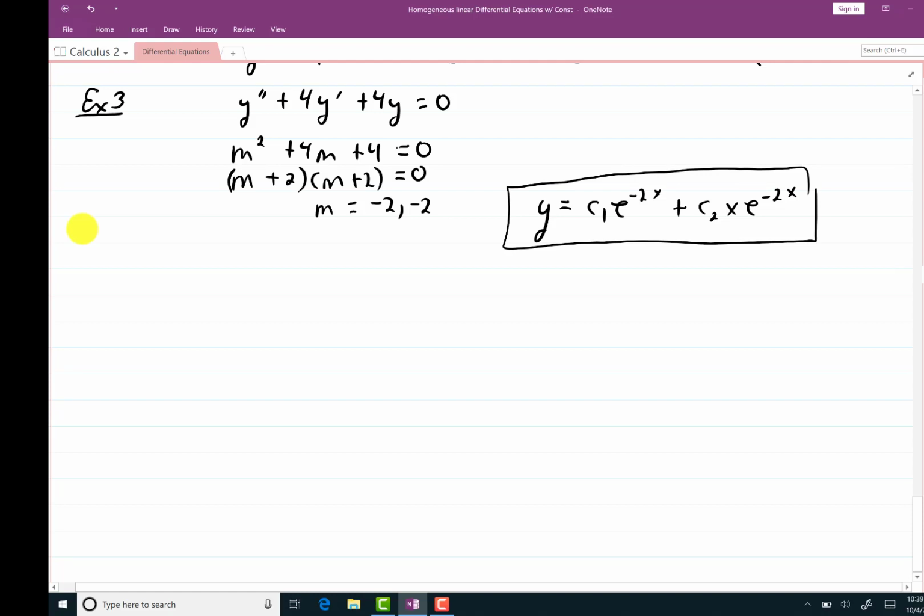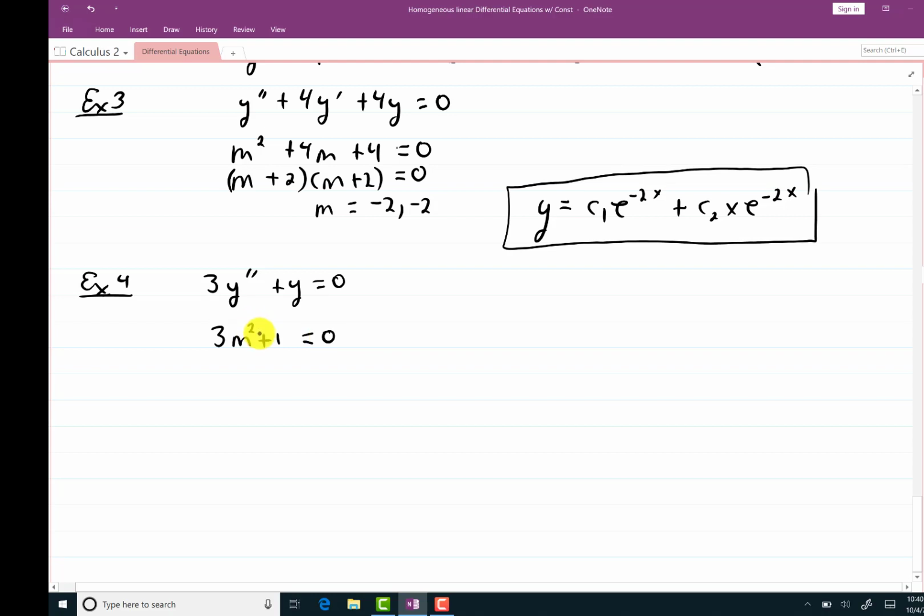So that takes care of the repeated zeros case. Then we have some other cases that I need to discuss, some things that will pop up that may surprise you unless I've talked about them first. Let's look at something like this. Here we have 3y double prime plus y equals 0, so we go to 3m squared plus 1 equals 0. There's our auxiliary equation.